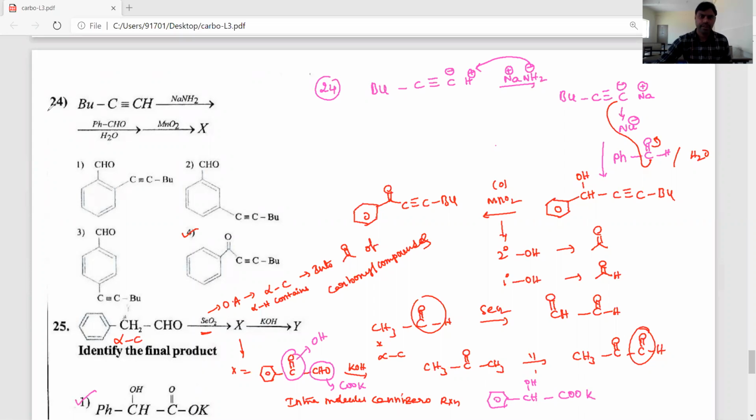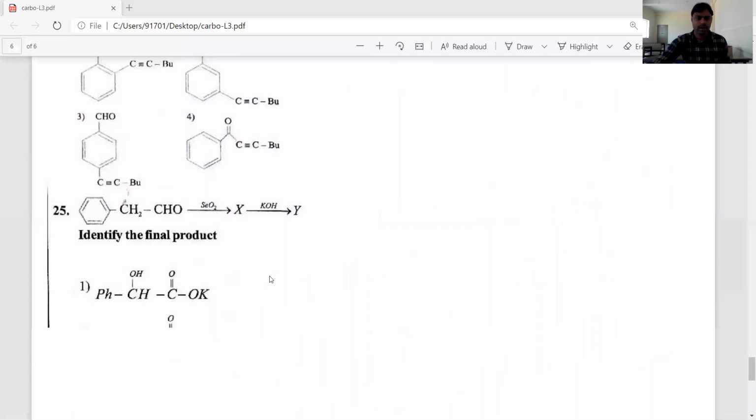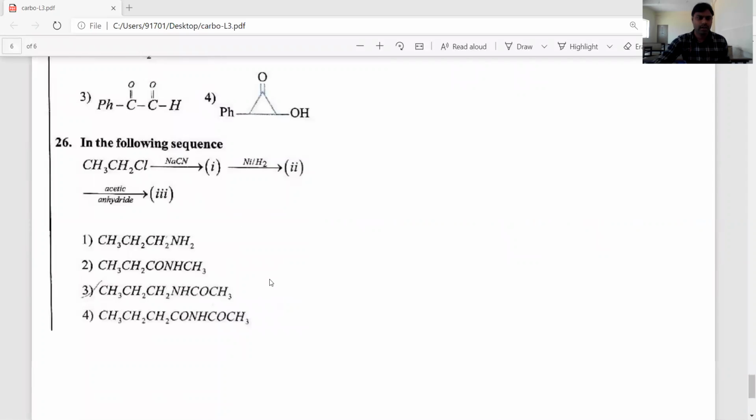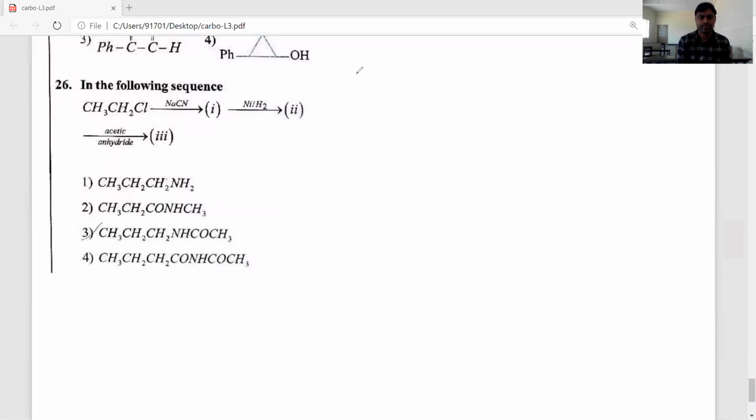Okay, students, let's see the next question, the 26th question. Ethyl chloride, CH3CH2Cl, treated with NaCN undergoes an SN2 reaction.